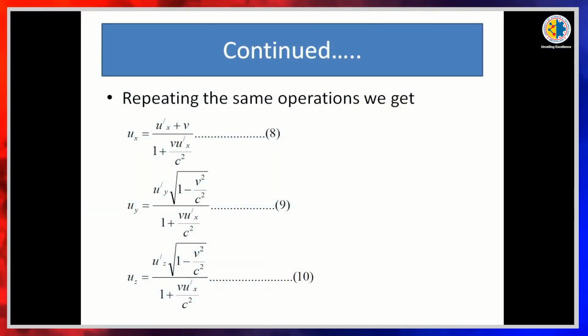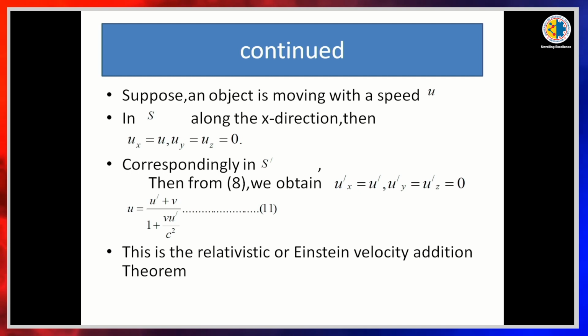Similarly, uy is the velocity component in the y direction according to the S frame, and u dash y is the velocity component of the particle according to the S dash frame. The same procedure applies for uz and u dash z, given by equations 8, 9 and 10.